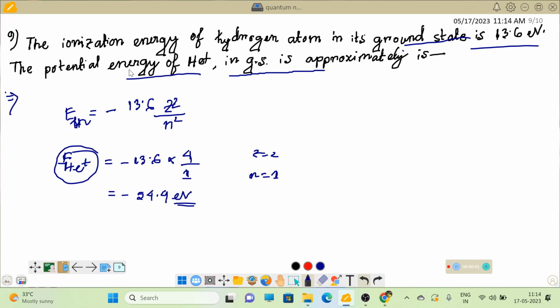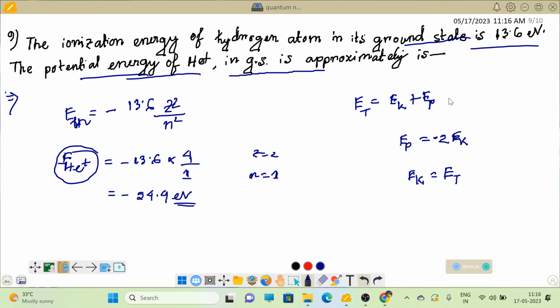Okay, they are asking the potential energy. I think you know the relation: total energy E total equals kinetic energy plus potential energy, and potential energy equals minus twice the kinetic energy, and the kinetic energy equals minus the total energy.